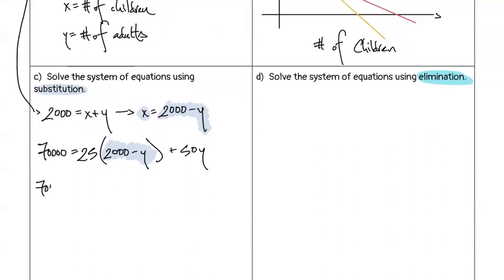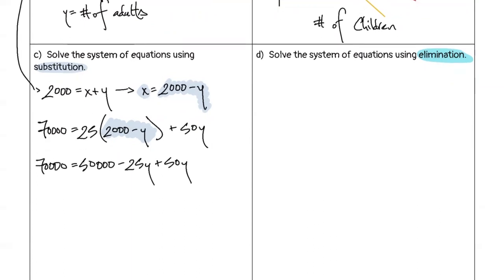And so let's work this out. I think we get 50,000 minus 25y plus 50y. And so I'm going to subtract the 50,000 to the other side. I get 20,000 equals 25y. And I end up with y equals 800.